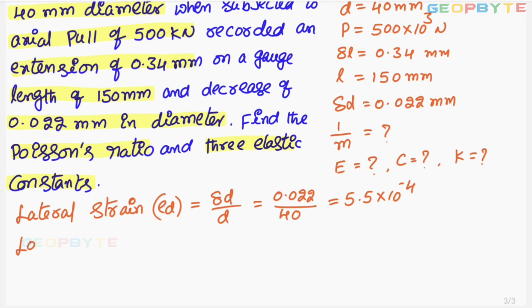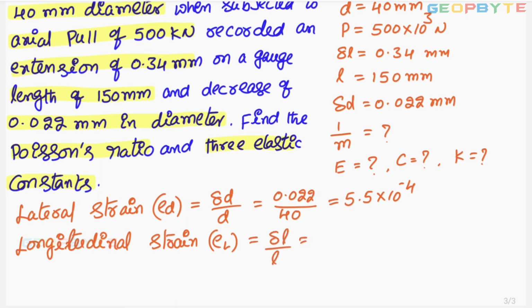Similarly, longitudinal strain can also be written as linear strain EL equal to change in length by original length, 0.34 divided by 150. The resultant value is 0.002267. No units.